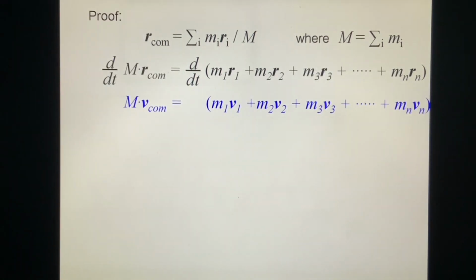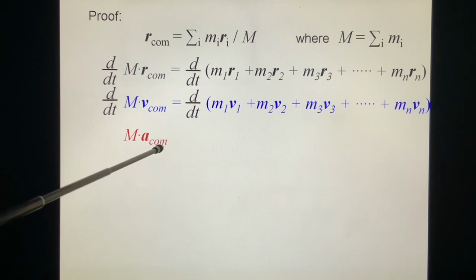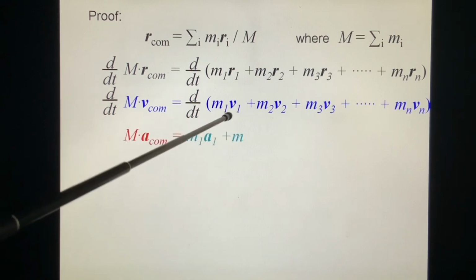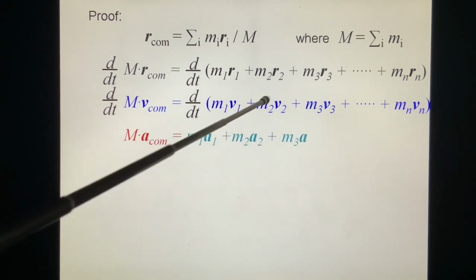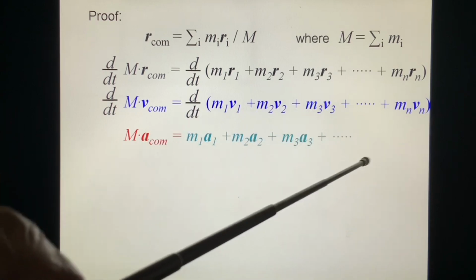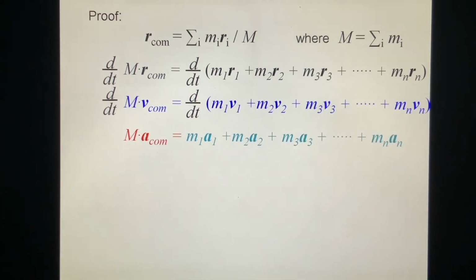Furthermore, we take the derivative with respect to time t on both sides again. dv/dt is acceleration, so this is M a com equals m1 a1 plus m2 a2 plus m3 a3 up to mn an.